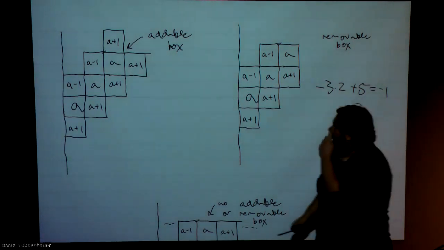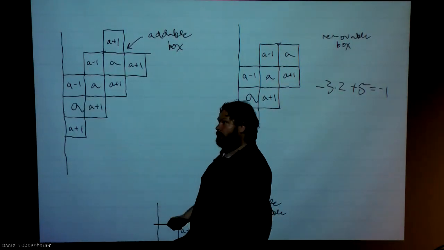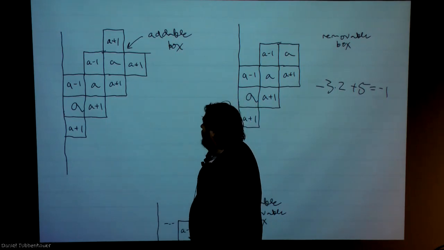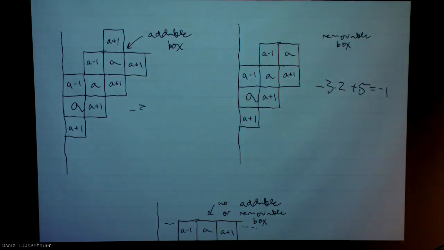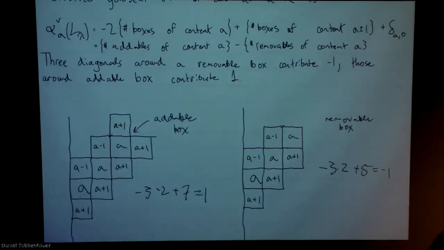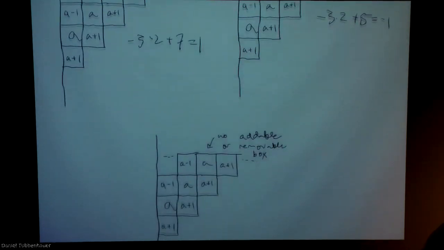On the other hand, if I have an addable box, I have to have more of these other diagonals to hold that addable box up. Right? So here I'm getting minus 3 times 2 plus 7 equals 1. So the 3 diagonals around a removable box contribute minus 1, and those around an addable box contribute 1.